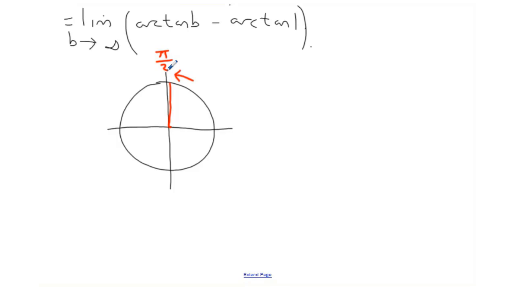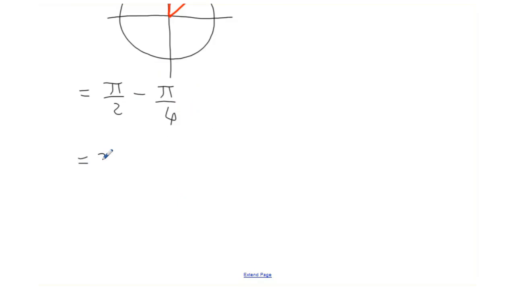So tan of what angle equals 1? And it is this angle here, so that is pi by 4. Okay, so now we have equals pi by 2 minus pi by 4 equals 2 pi by 4 minus 1 pi by 4, which just leaves us pi by 4.